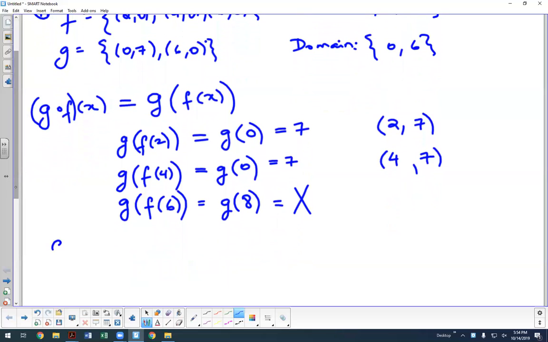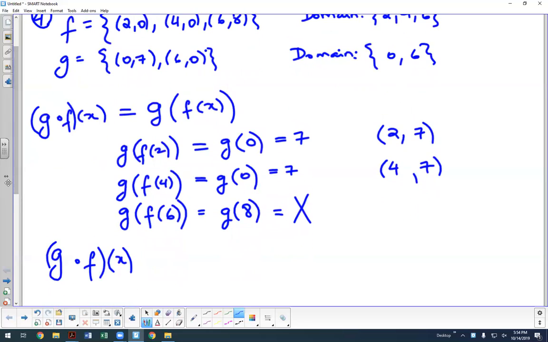Which means our g of f function, or I guess we don't really have to write it with x since we're writing these as ordered pairs, is going to be the set of 2, 7 and 4, 7. Because that's all I could get out of it, right?